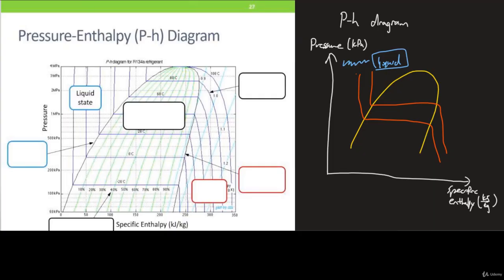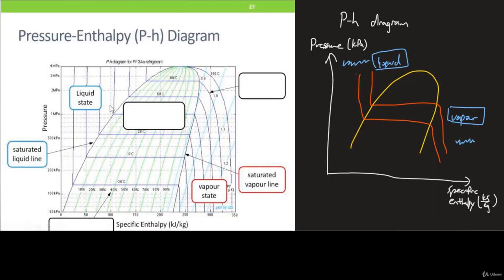If this is the liquid state, you can guess that at the right-hand side, the red box, your gas exists as a vapor. They are all bounded by this line.